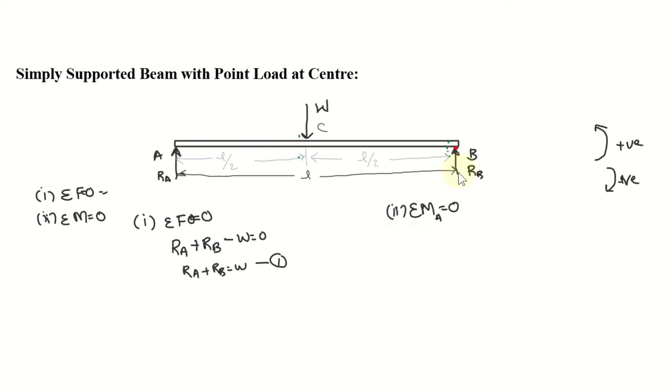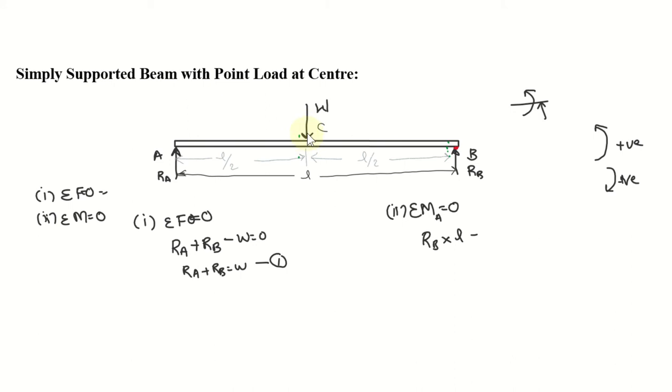As we are habituated to work from right to left, let us consider that. We have RB, a reaction force acting here, multiplied by the perpendicular distance up to A, which is the length L. RB into L is an anti-clockwise moment, since RB acting here causes the beam to turn anti-clockwise, so it is positive.